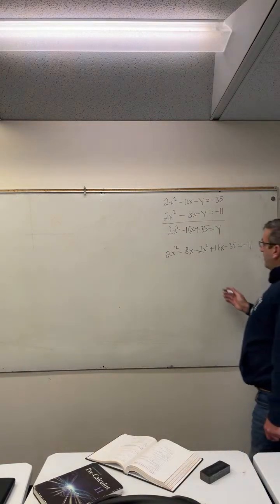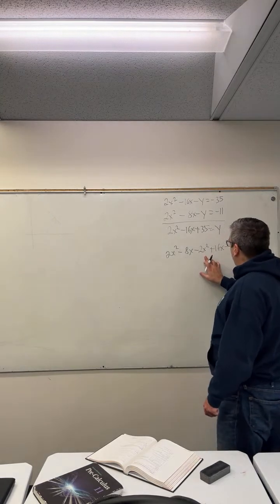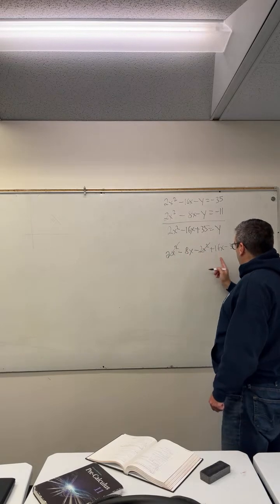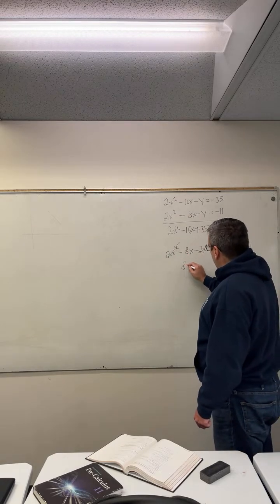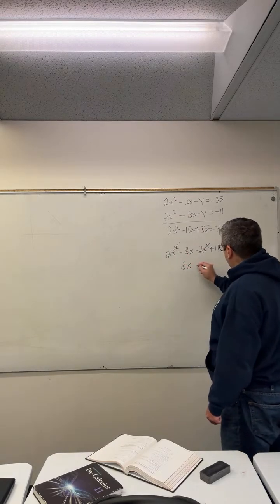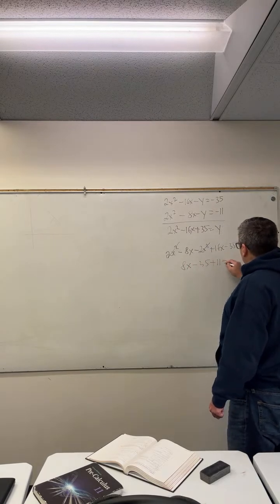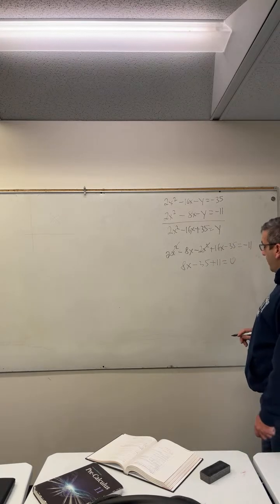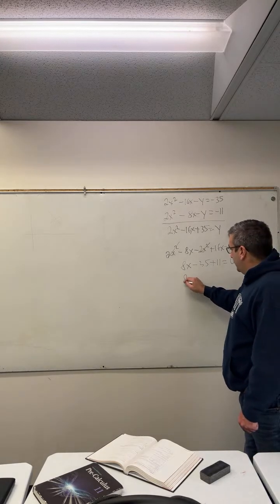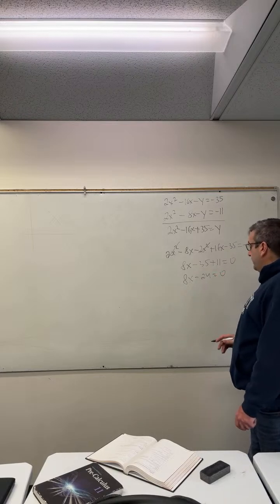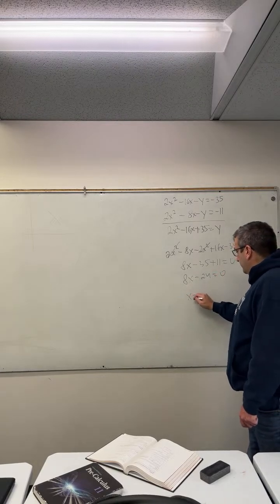Okay, combine like terms: 2x squared minus 2x squared cancels out, negative 8x plus 16x will be 8x, and then we have negative 35 plus 11. Then we have 8x minus 24 equals 0. And x equals 3.